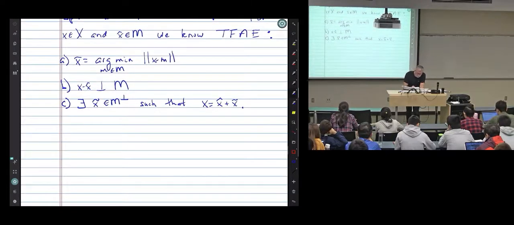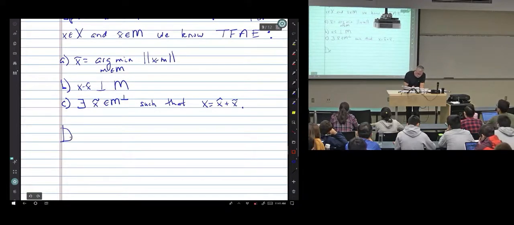Okay, so I'm going to use that to define an operator. Definition.